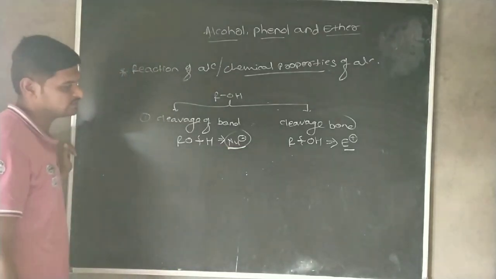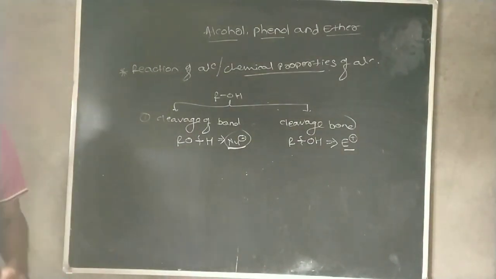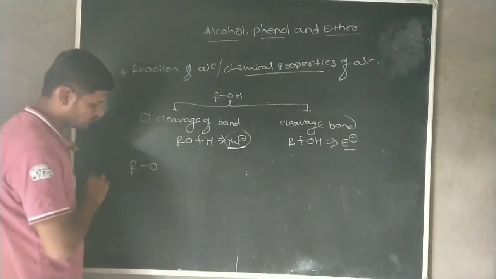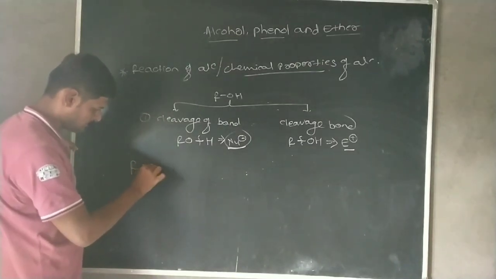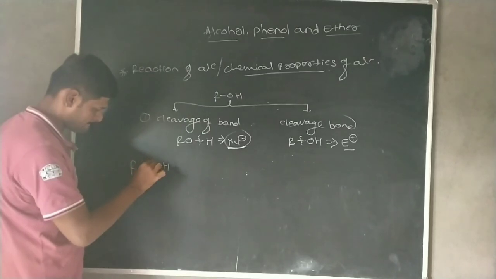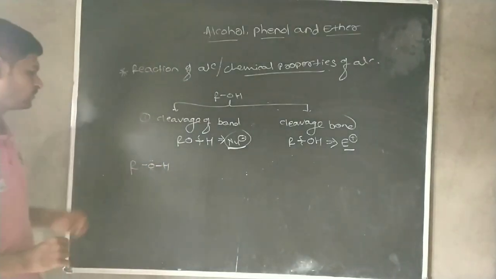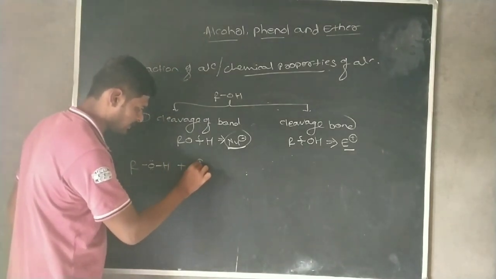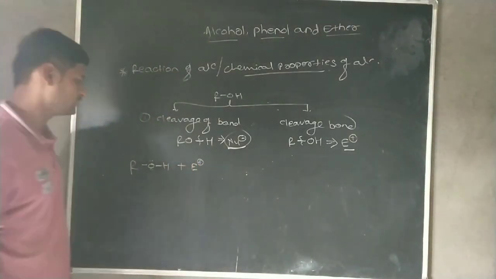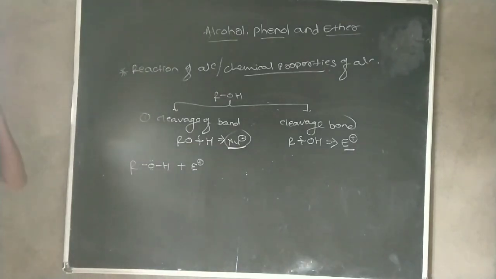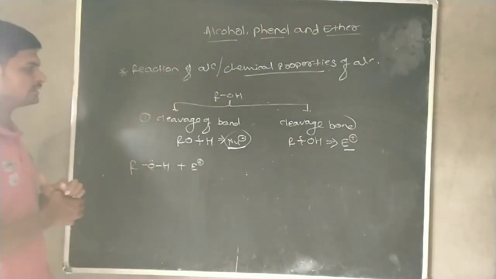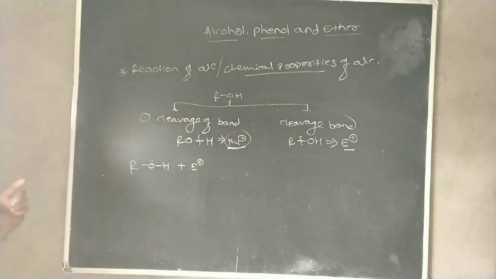The mechanism is that the alcohol is reacted with an electrophile. In this case, the electrophile is an electron deficient species.